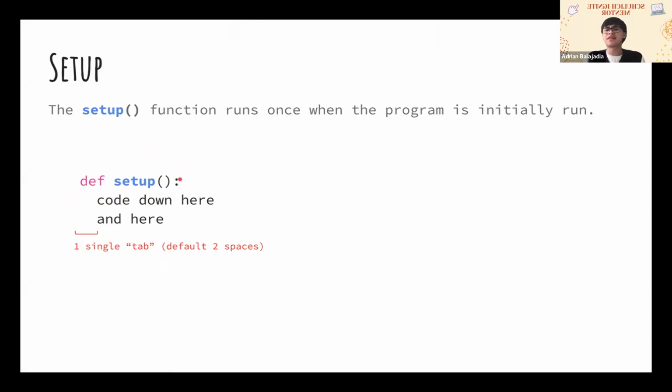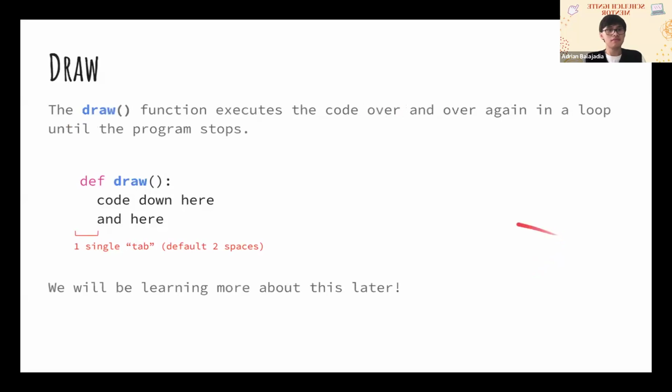Anything that falls under that colon is any code or setup stuff that we want to do, like defining the characters that are going to be in the game or the gravity constant and whatnot. Similarly, there's another function called def draw, which executes the code within it over and over again until the program stops. And again, we'll be learning more about this later.